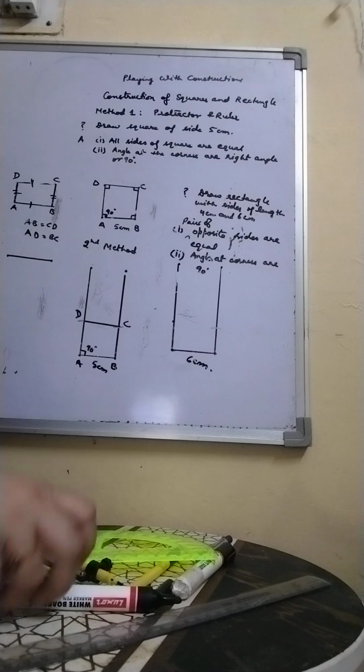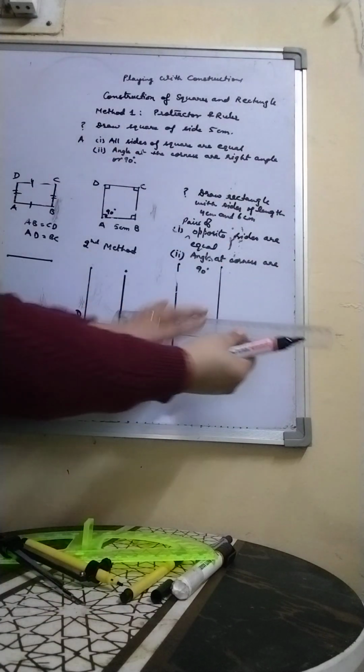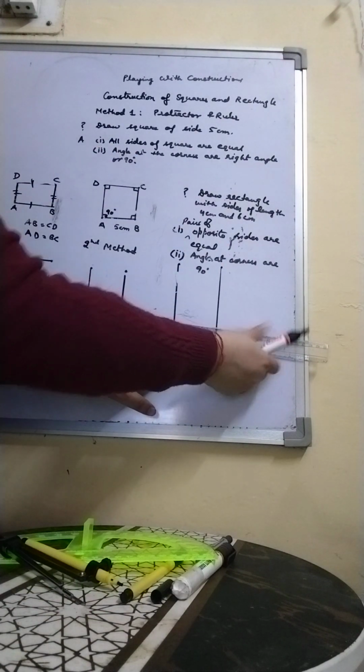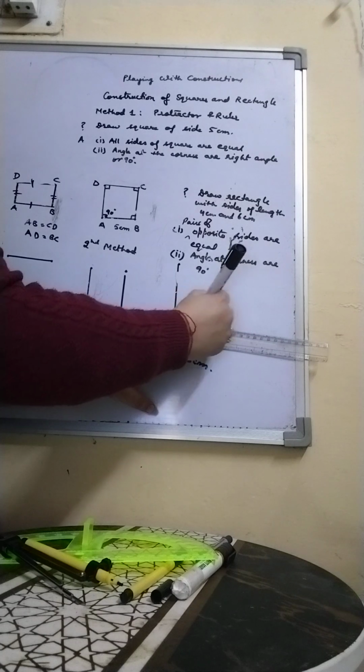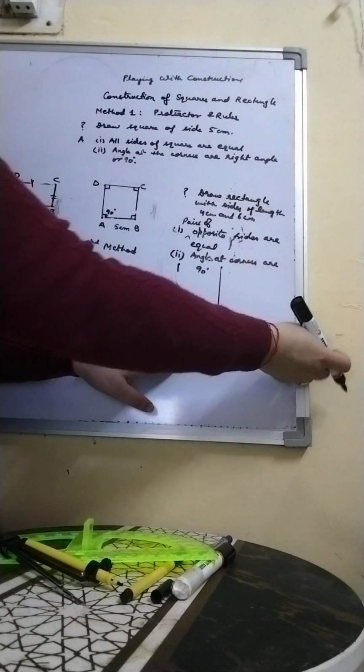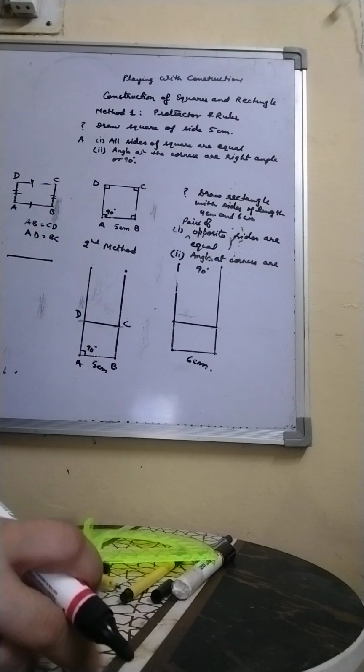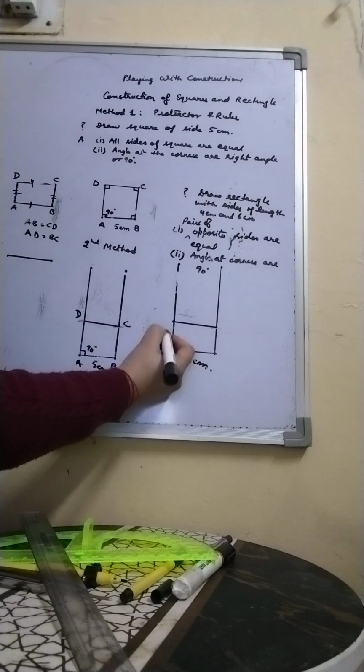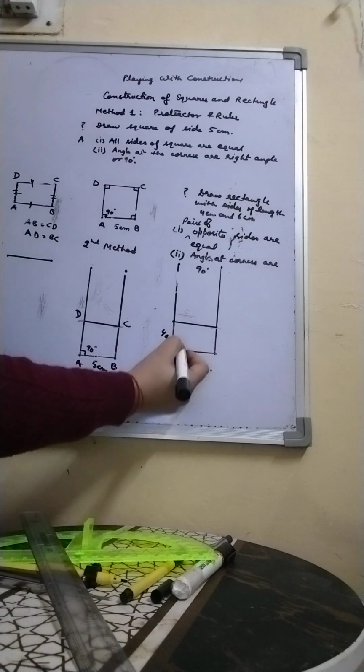This is 4 centimeter and join the two arcs like this. So you get a 6 centimeter and 4 centimeter length rectangle.